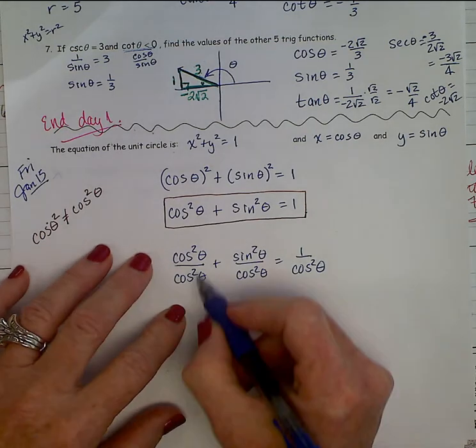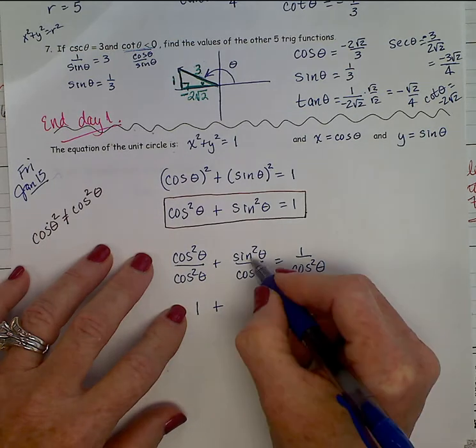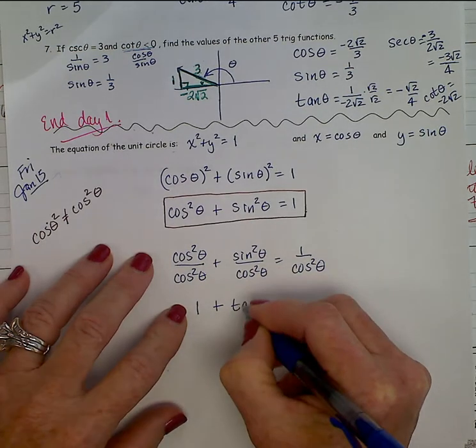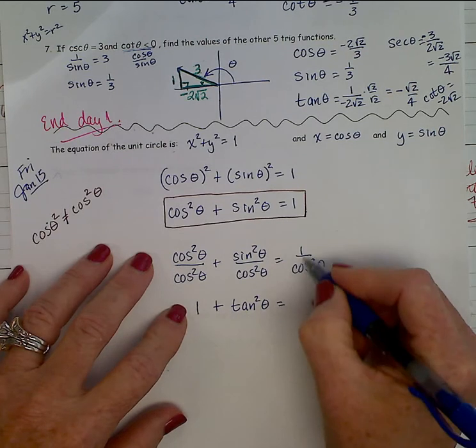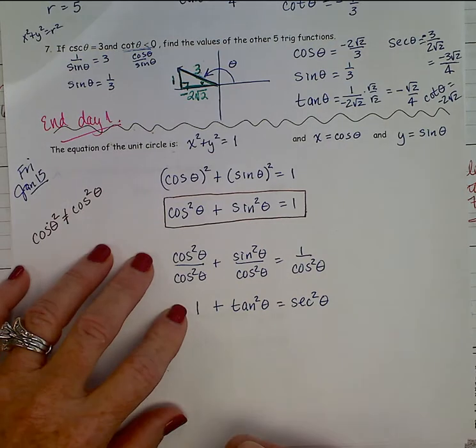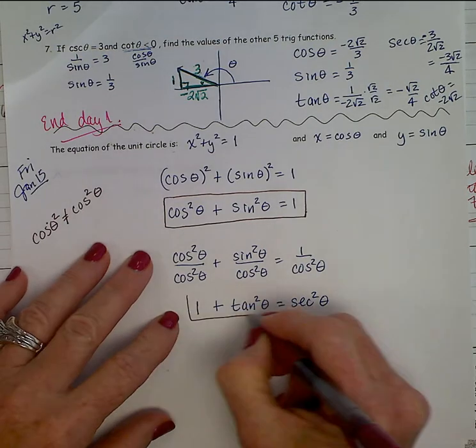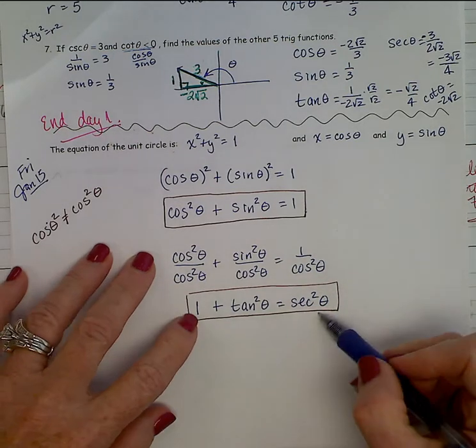And then this simplifies down to be 1 plus sine squared over cosine squared. That's tangent squared equals, and 1 over cosine squared, that's secant squared. That's important. That's a variation on this first one.